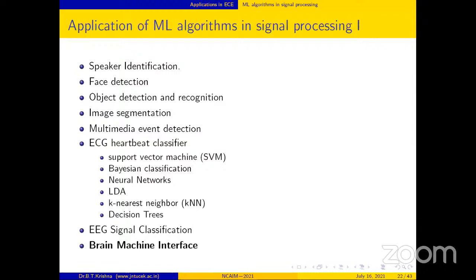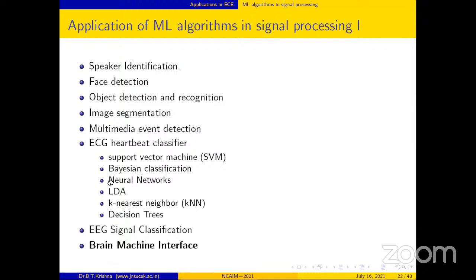All this is an example of a machine learning algorithm. Here he has taken the ECG heartbeat classifier. In that, different classifiers have to be studied: support vector machine, Bayesian classification, neural networks, linear discriminant analysis, k-nearest neighbor, and decision trees have been taken.